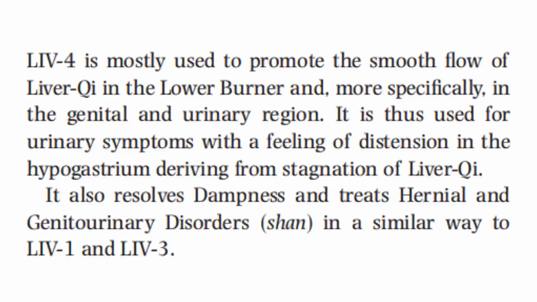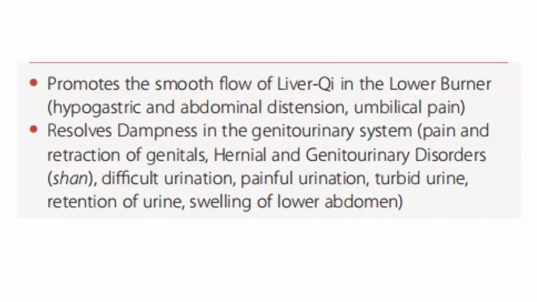Liver 4 is mostly used to promote the smooth flow of liver qi in the lower burner, and more specifically in the genital and urinary region. It is thus used for urinary symptoms with a feeling of distension in the hypogastrium, deriving from stagnation of liver qi. It also resolves dampness and treats hernial and genitourinary disorders in a similar way to liver 1 and liver 3.